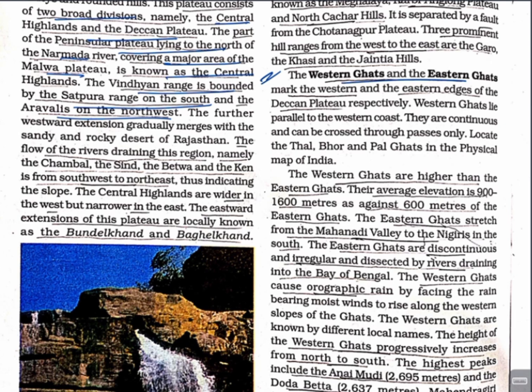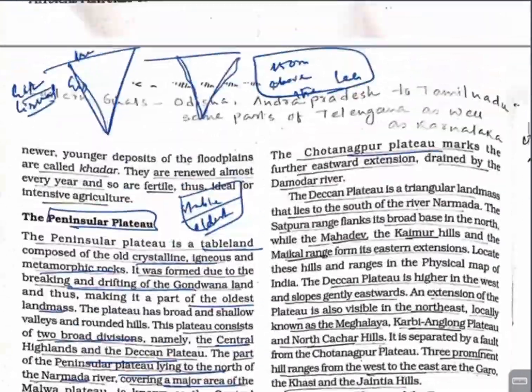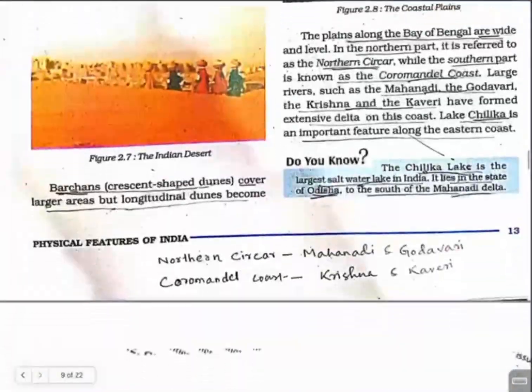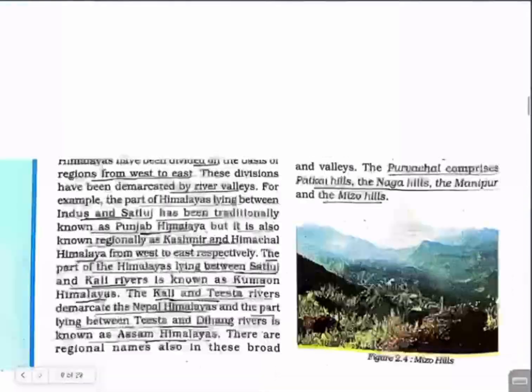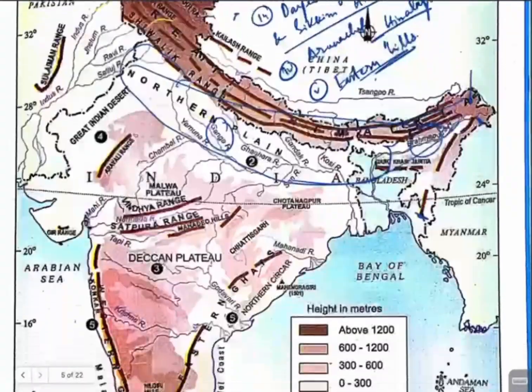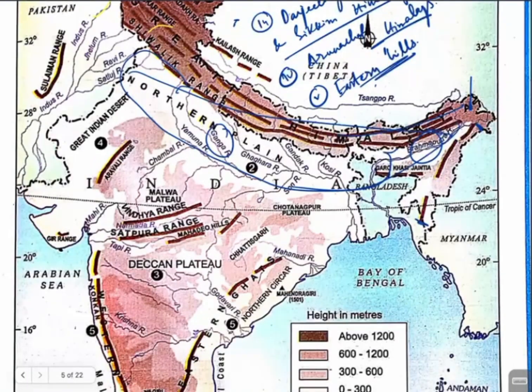The general slope of the central highlands is towards the north, and the rivers flow towards the Ganga.